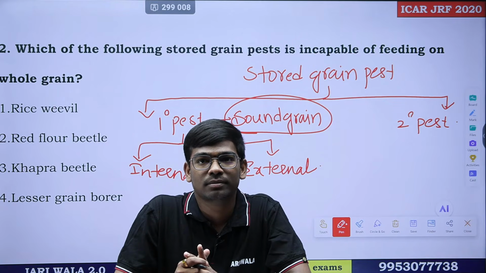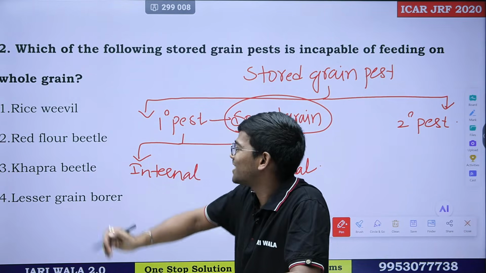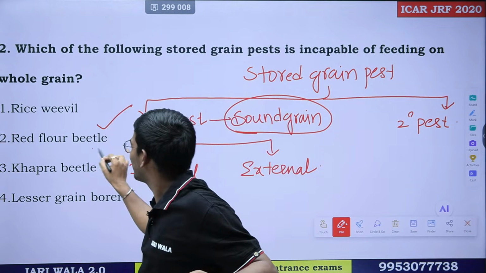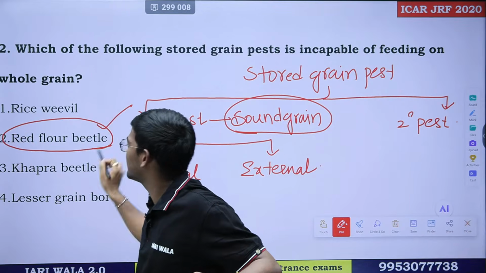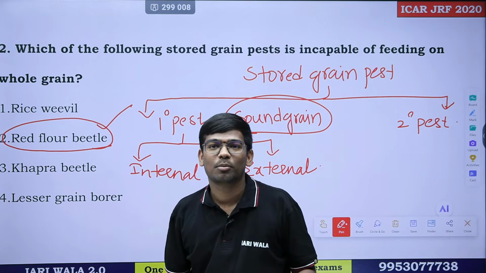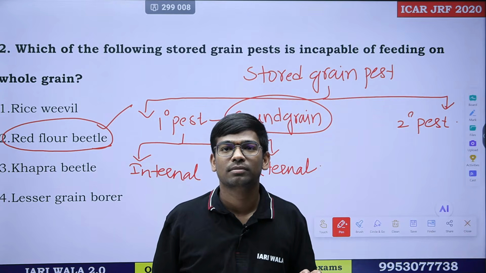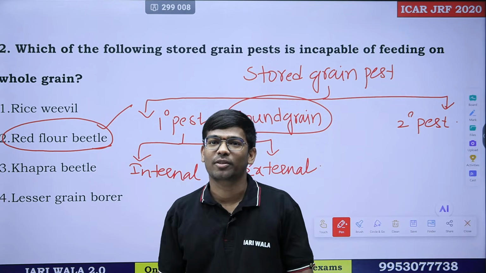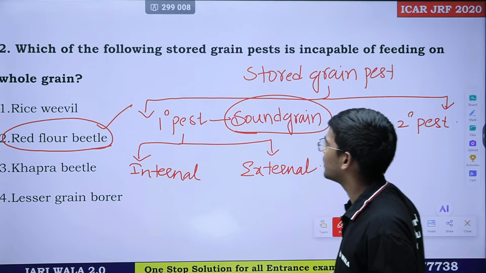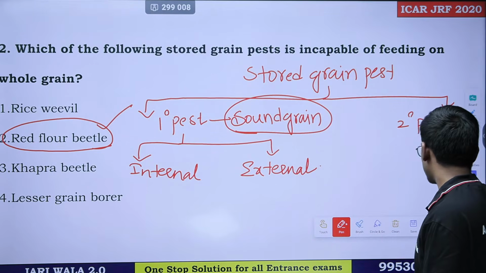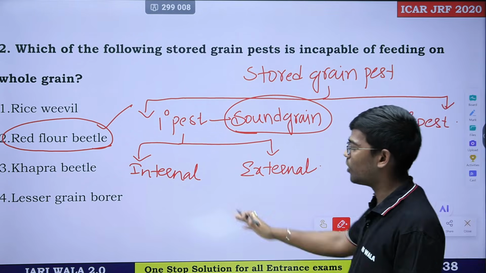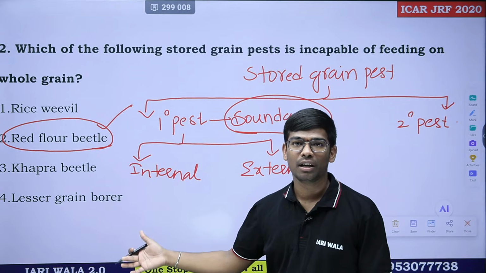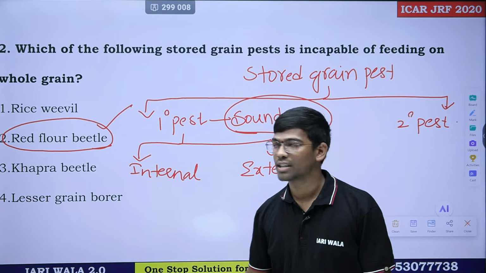Anyone? Students, the answer is red flour beetle, Tribolium castaneum or Tribolium confusum. Yes, now you are responding. Okay. So this is the classification of the stored grain pest, and we will divide what are the examples that come under internal feeders and what come under the external feeders in the later questions.